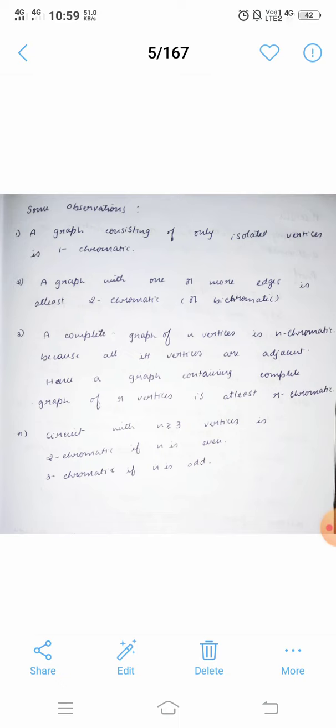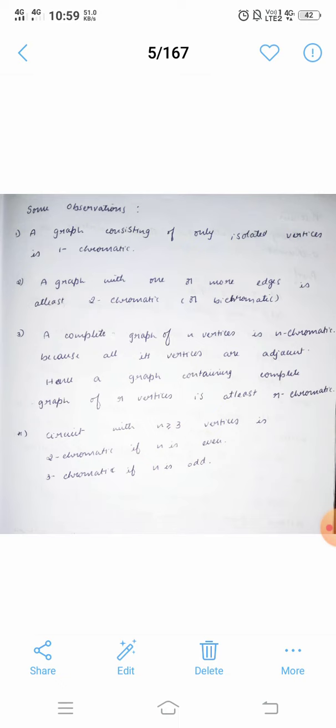A graph consisting of only isolated vertices. What is this isolated vertex? Isolated vertex means there is no edge incident on that vertex. If the graph has only isolated vertices, the graph is a null graph.